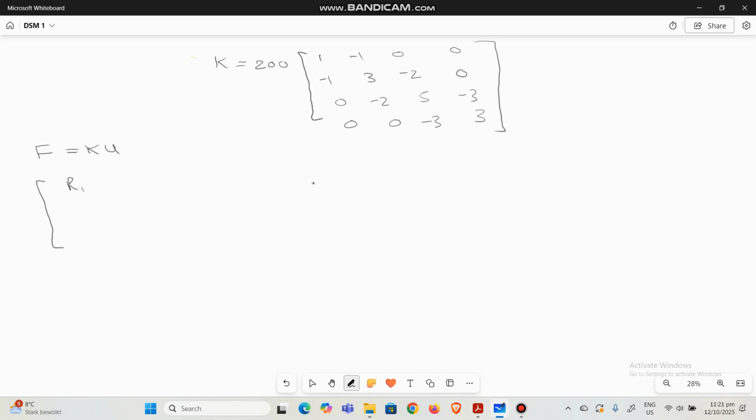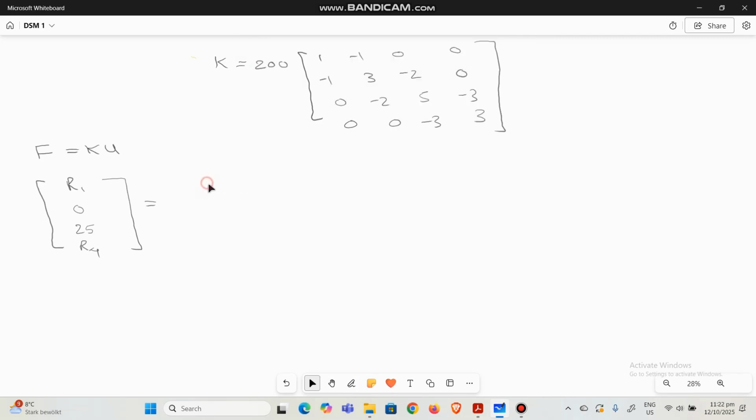The first one was reaction one, and then there was nothing, and then there was 25 kilonewton of load. Then there was the reaction from another fixed support, R4, and K would simply be our stiffness matrix, which let's see if I can copy this.